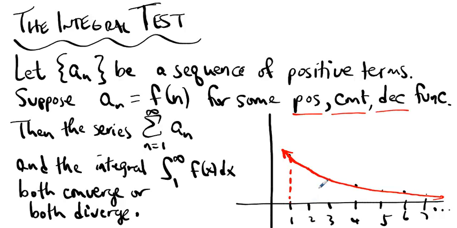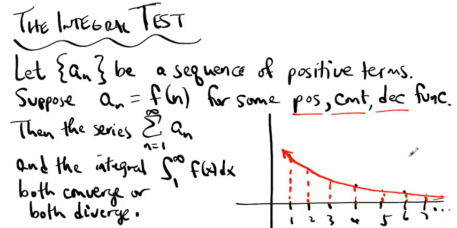The integral from 1 to infinity is basically adding up a whole bunch of rectangles. If you add up the whole bunch of rectangles and that converges, then adding up a bunch of rectangles must also converge. If you add up all the rectangles and that diverges to infinity, then adding up a bunch of rectangles must also diverge to infinity.